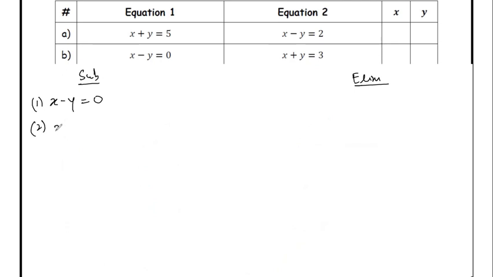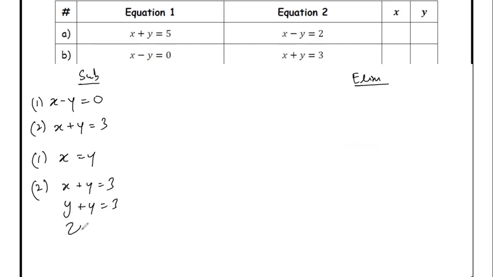Second equation is x plus y is equal to 3. So I'm going to substitute the value of the first equation into the second one. So clearly I can see that making x the subject of the equation gives me x is equal to y. Substituting that in the second equation, y plus y is equal to 3. 2y is equal to 3, y is equal to 3 by 2.